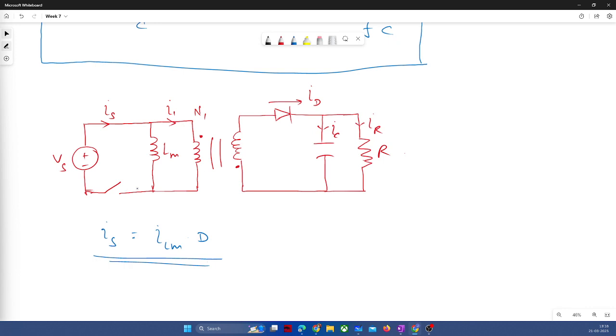Yes, so that's what I have written in terms of equation: IS is equal to ILM into D. ILM is the current that is flowing for the entire duration. That will be equal to IS only when the switch is closed. In 1 minus D, IS is 0. Yeah.